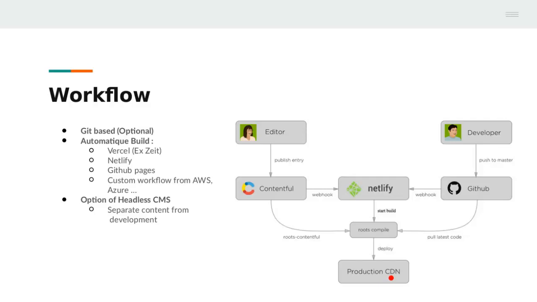In this CDN your application will be live, and you can use it on every terminal, and this schema repeats itself every time there is a change in the developer part or in the editor part.